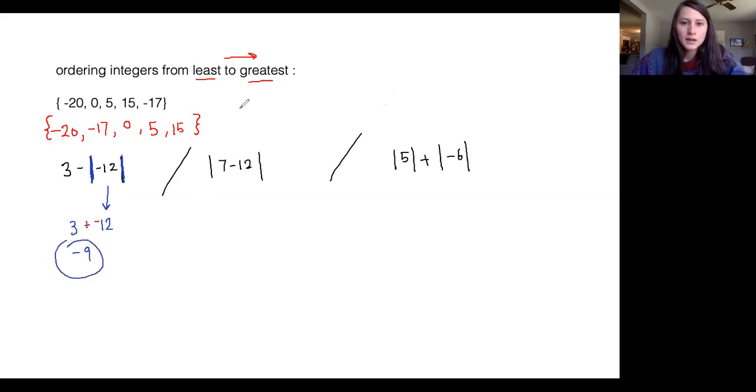Okay, next one. I've got an absolute value of 7 minus 12, which means whatever I work out inside the absolute value will become a positive. So you had a question over this on your quiz that says, why would this answer be a negative, right? And some of you guys explained because of the absolute value, and you're right.